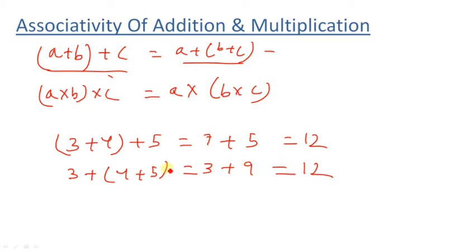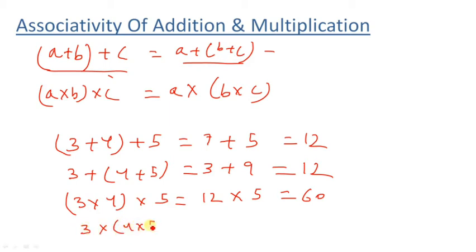And similarly it is obeyed with multiplication as well. 3 into 4 into 5, what will be the result? We know 3 into 4 is equal to 12, into 5, it will be 60. Now if I write 3 into, 4 into 5 will be done first, so it becomes 60.